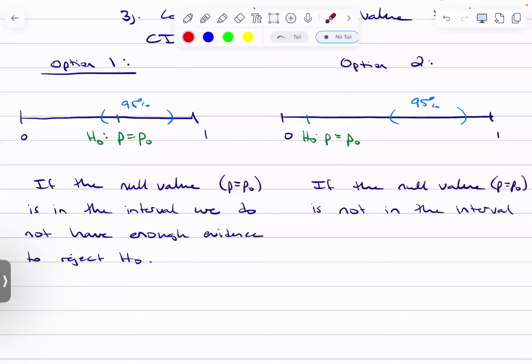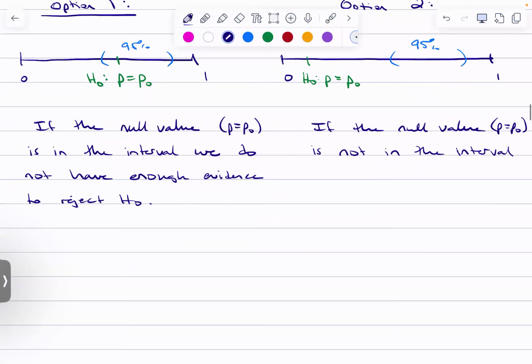I'm 95% confident that this is not an option. Right? And so then, if the null value is not in the interval, we have enough evidence to reject H naught. And if we reject H naught, usually we say in favor of HA.